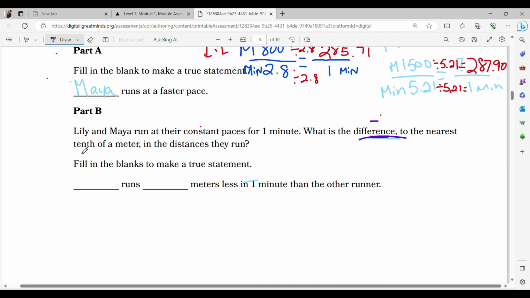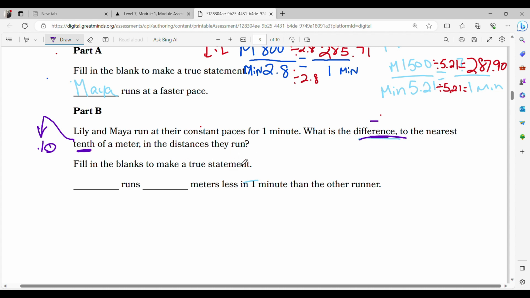To the nearest tenth. Where's the tenth column? Tenth is dimes, so dimes is 1 space after the decimal. This is your tenth column, and it's dimes, right?